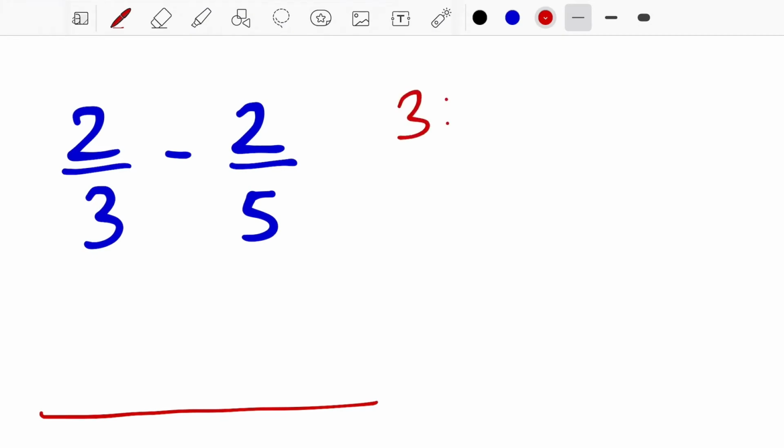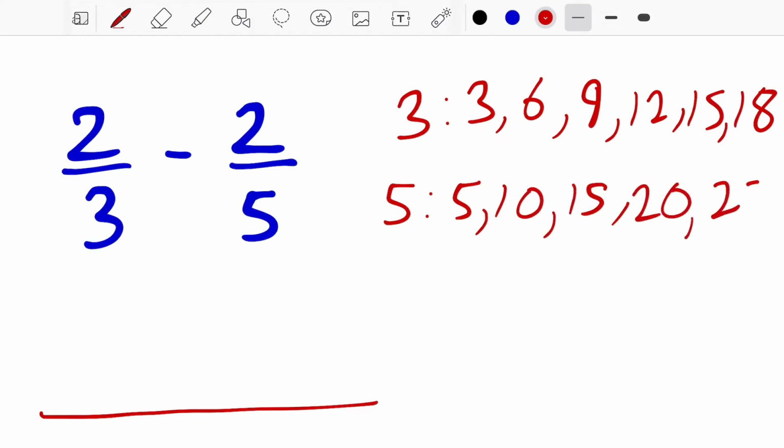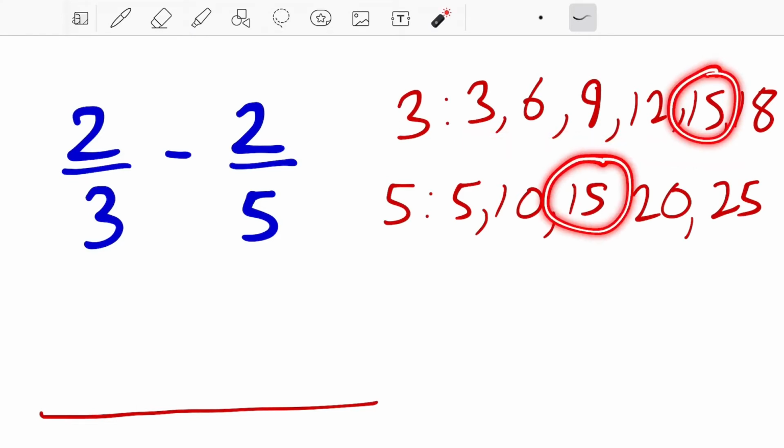What are the multiples of 3? 3, 6, 9, 12, 15, 18, etc. What are the multiples of 5? 5, 10, 15, 20, 25, and the list goes on. So let's look for a common multiple. So we have 15 here and 15 here. So we can use that common multiple.